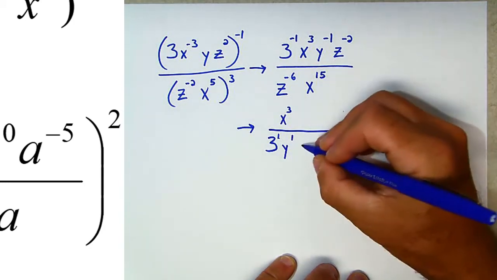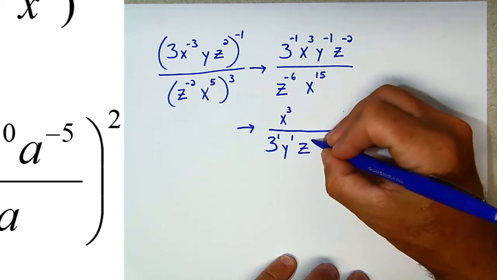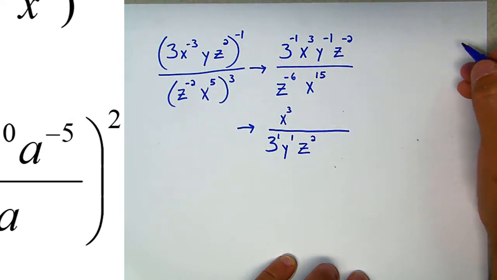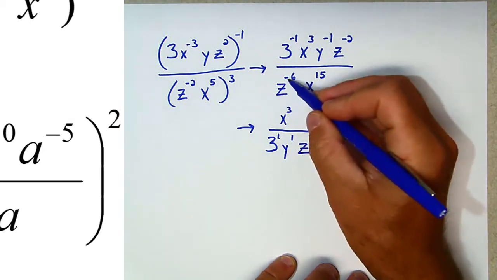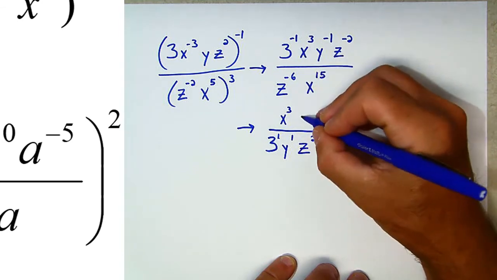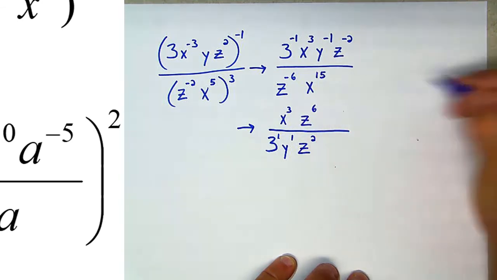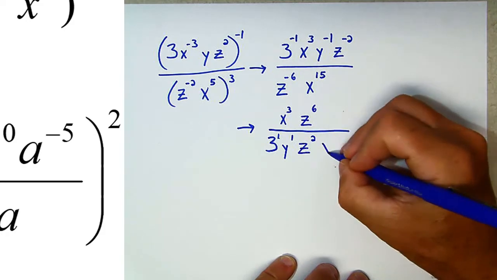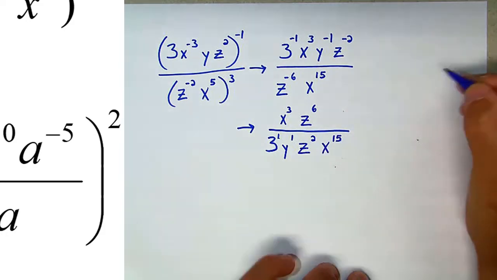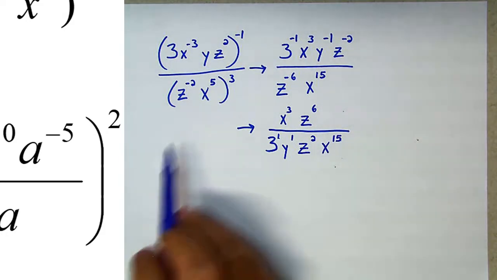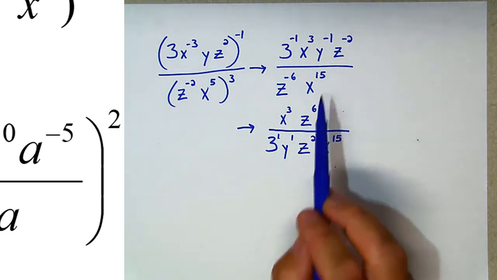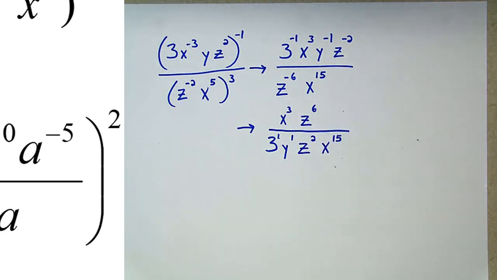Z to the -2nd, we'll send that down and it becomes z to the +2nd. Now this z to the -6th in the denominator, we'll move that up to the top to become z to the +6th, and x to the 15th we can leave right in the denominator since it's already positive. So we eliminated parentheses, and now we've made all the exponents positive. That was, after all, our instruction here is to use positive exponents.